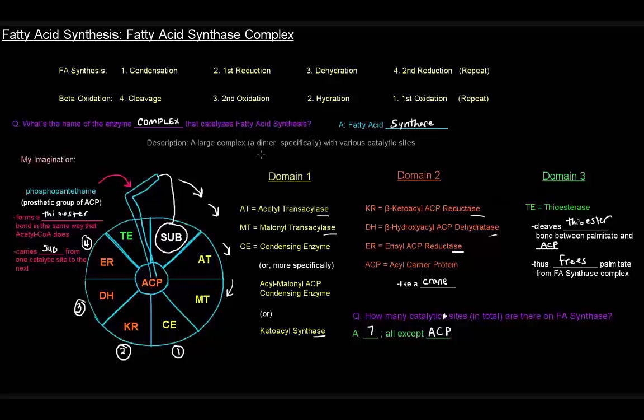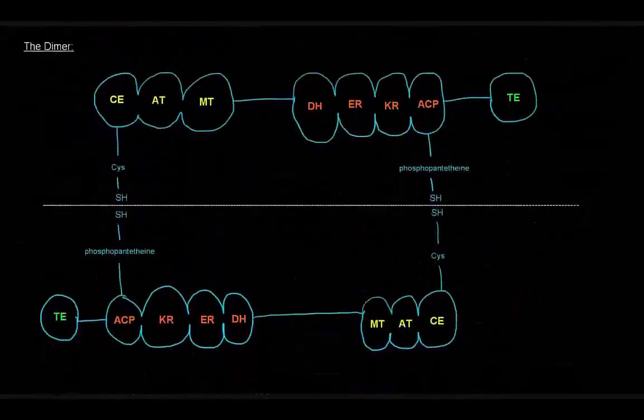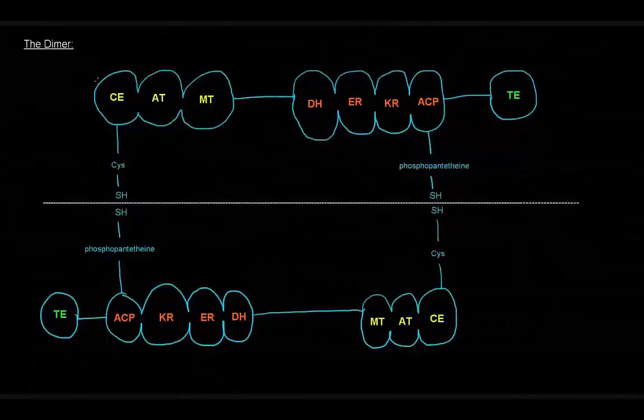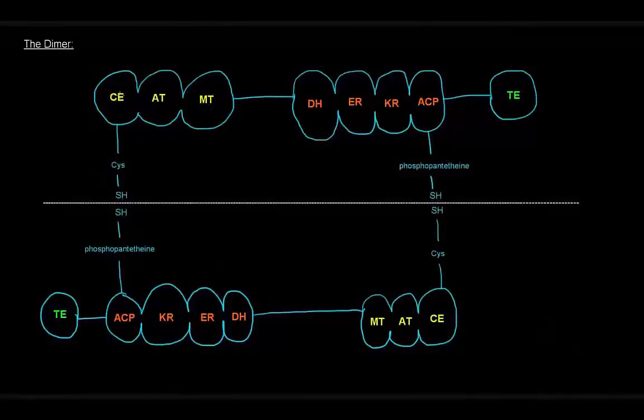Now, I mentioned the dimer before. What I showed is my imagination, how I see it. But how scientists depict it is as this dimer. So you have this unit over here and this unit over here. Everything in yellow is still domain 1, everything in orange domain 2, and the thioesterase domain 3.